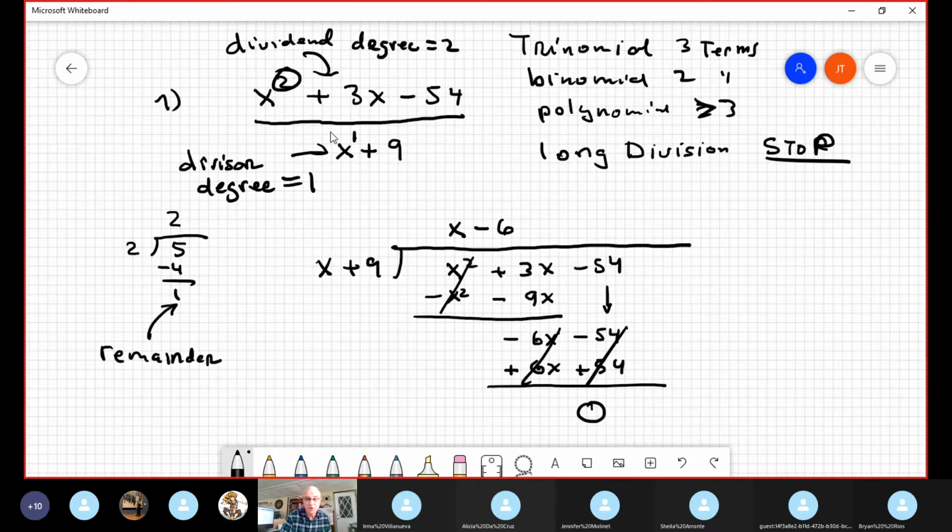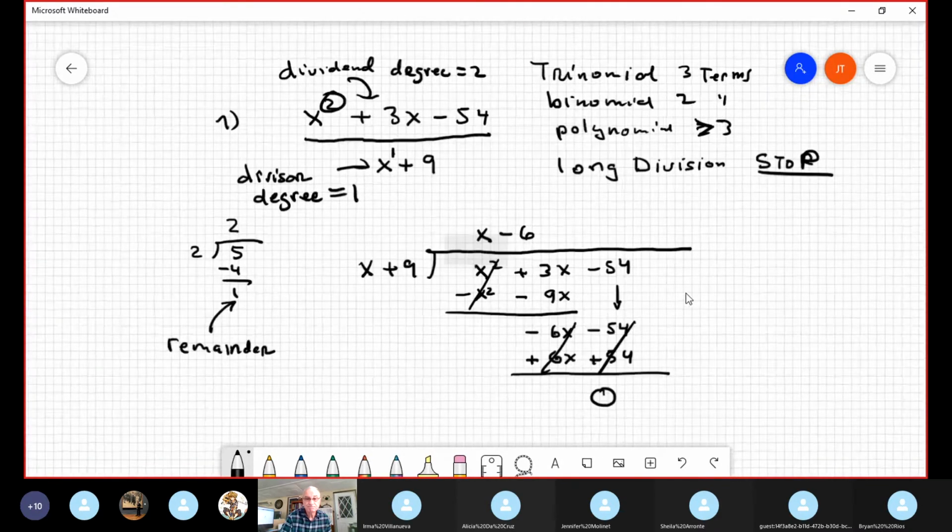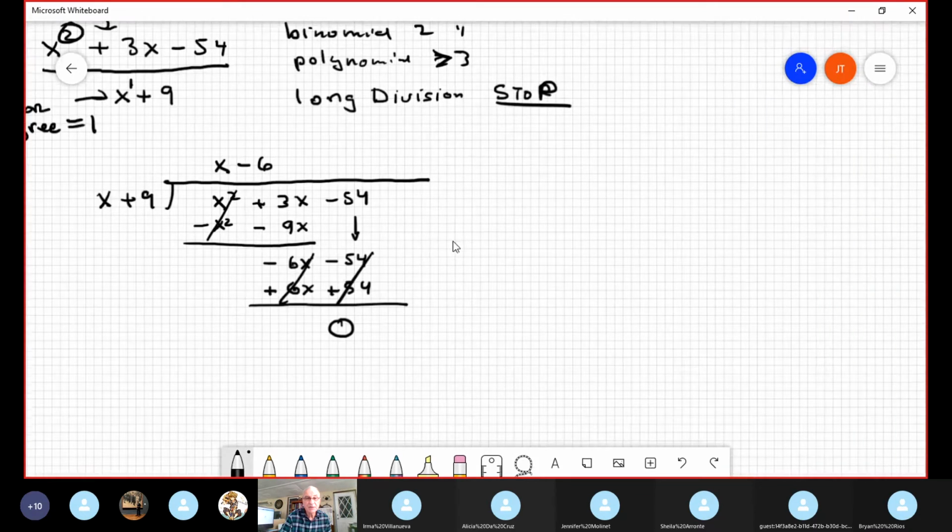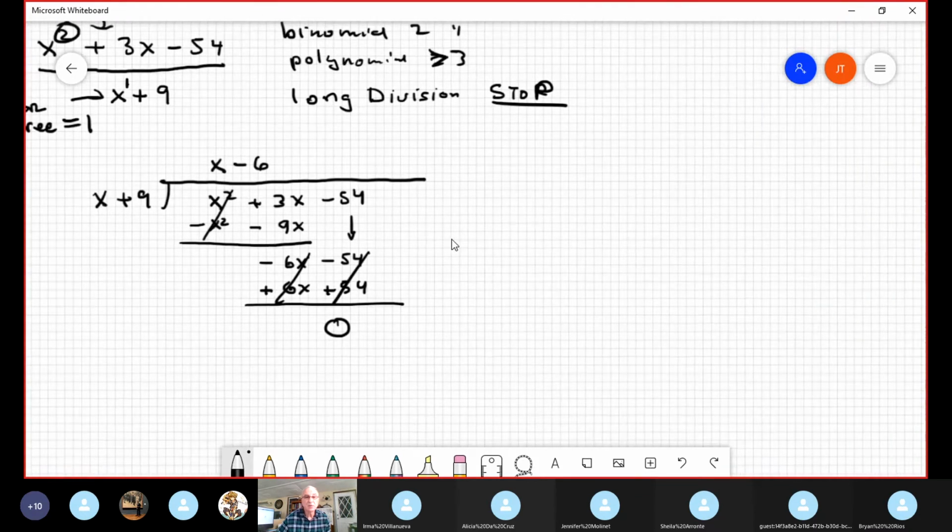Okay, professor, but what is the final answer? Well, the final answer of x squared plus 3x, which was the initial problem, no? Divided by x plus 9 is equal to x minus 6.